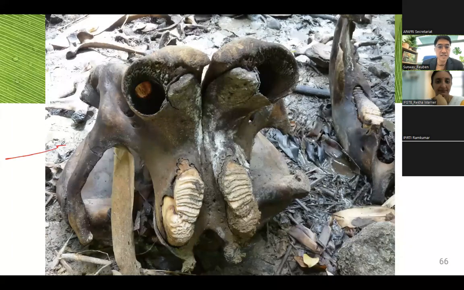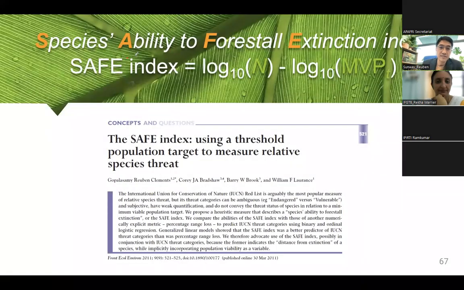I was in the forest one day driving along the road and I found this elephant skull. And my supervisor, who was with me at the time, asked me, "Hey, Ruben, how far is the elephant from extinction? Is the elephant close to extinction in Malaysia?" Well, it's an interesting question. I didn't know the answer to that. And what we did was we actually came up with a formula. We came up with a safe index: log 10 population of the species of interest minus log 10 minimum viable population target.